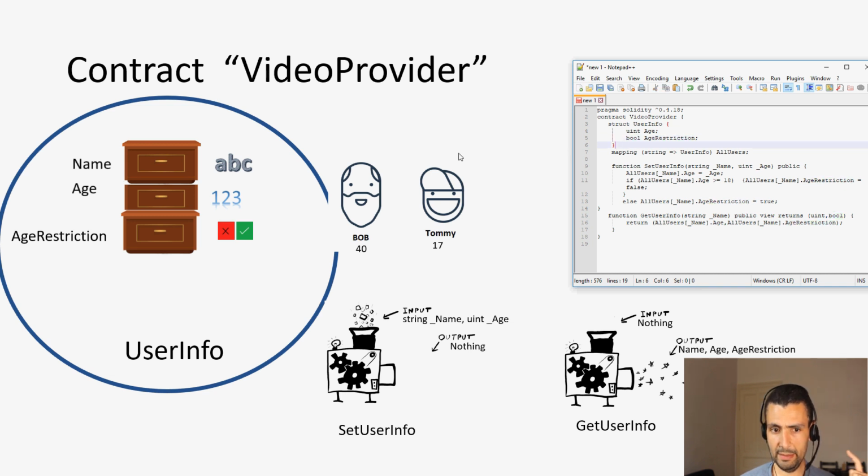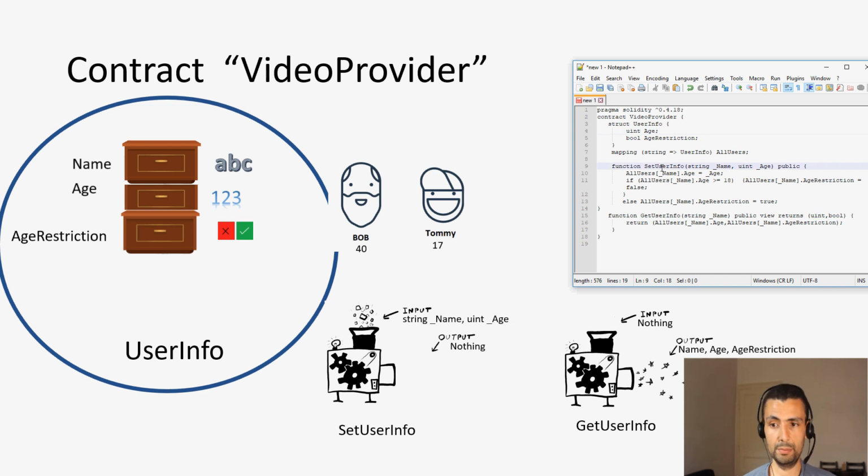And then instead of applying the name, we do something called mapping. Mapping means that I want to map this name, in our case, for example, Bob, to a certain age or age restriction value.